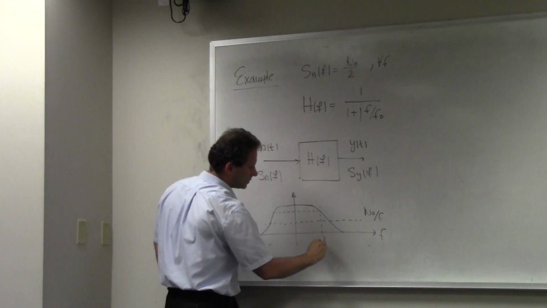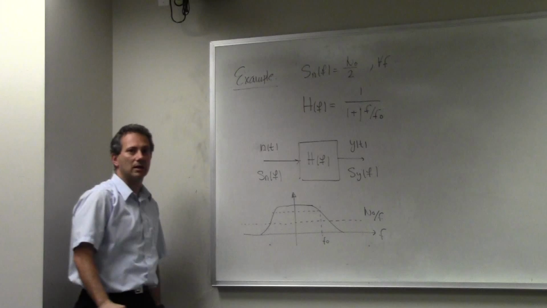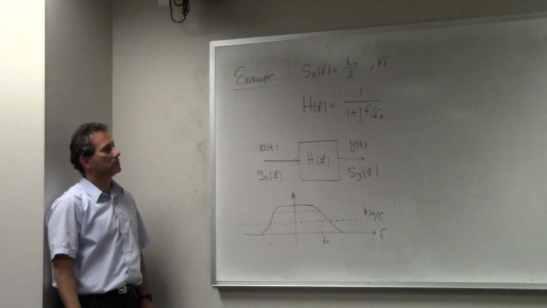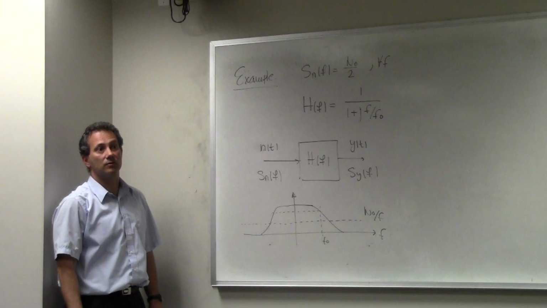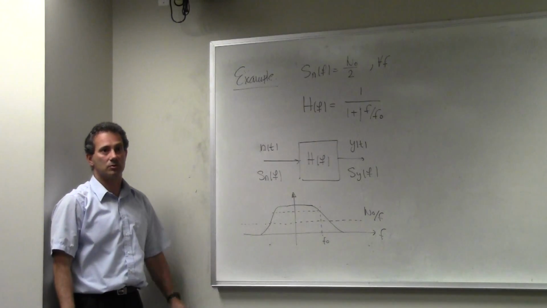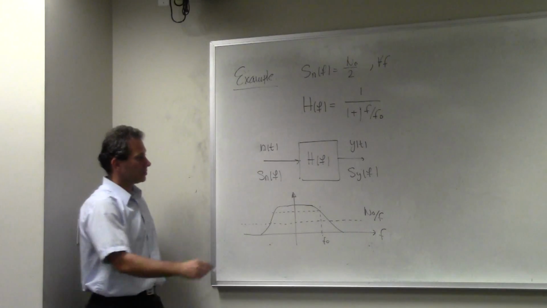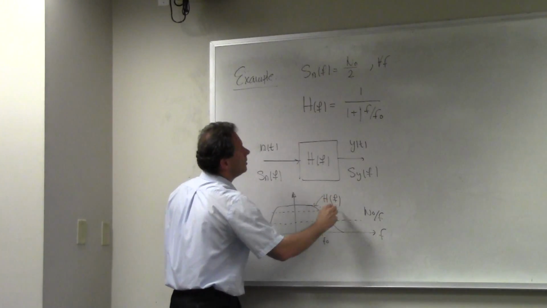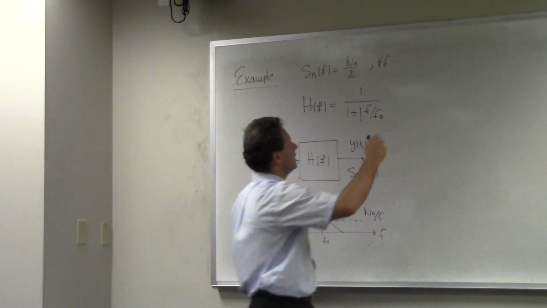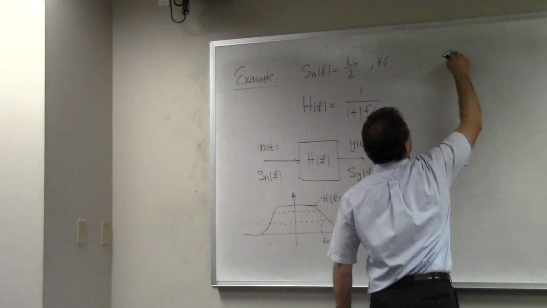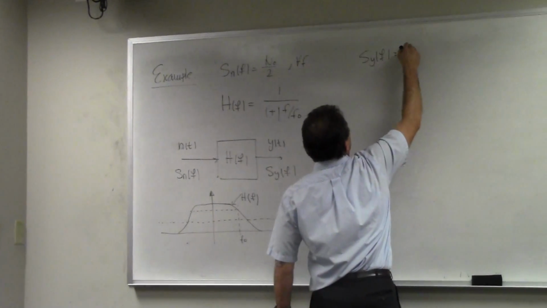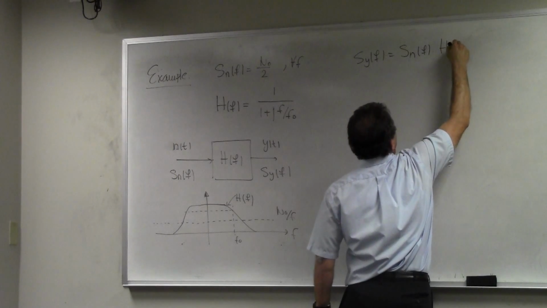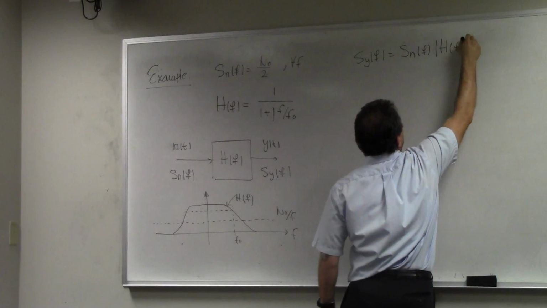So this is that f0 point, the 3 dB cutoff frequency, where the magnitude of the response goes to 1 over square root of 2, or the power goes 3 dB down. So this is your H of f. And we know the relationship that Sy of f is going to be Sn of f times the magnitude of H of f squared.